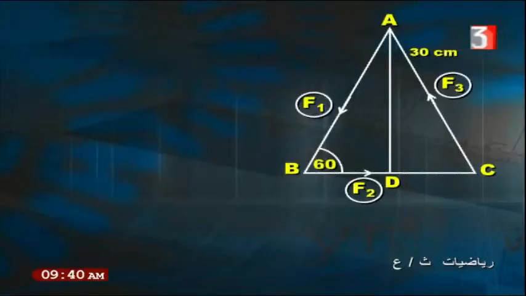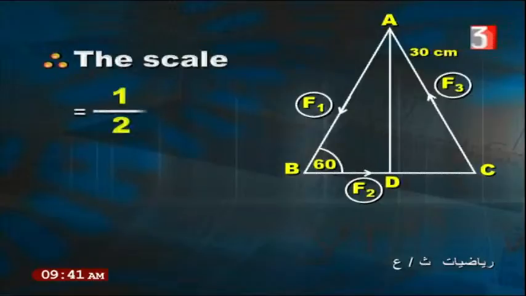Then what do you mean? If the ratio between the force and the side is constant, they represent a couple, and the moment of the couple equals the ratio K times twice the area of the triangle. Then the scale between the side and the force equals 1 over 2.